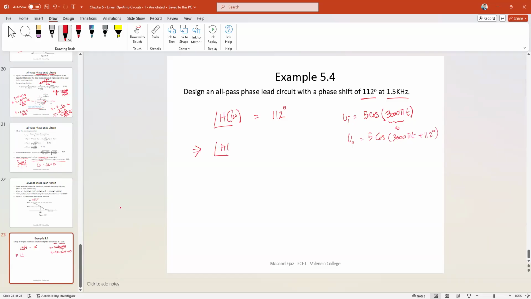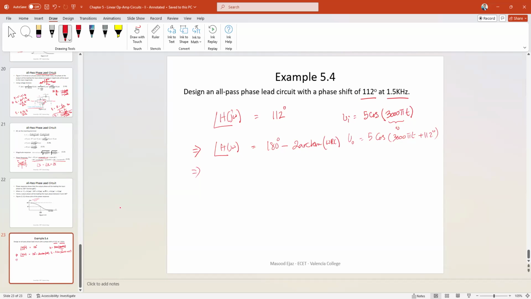Phase of the transfer function is 180 degrees minus 2 times arctan of omega RC. 112 is the phase of H, and 180 is here.